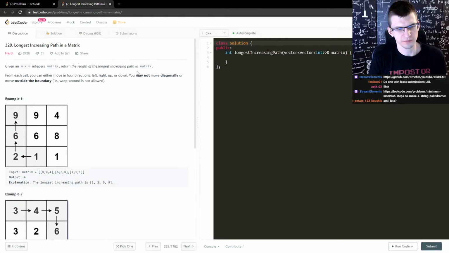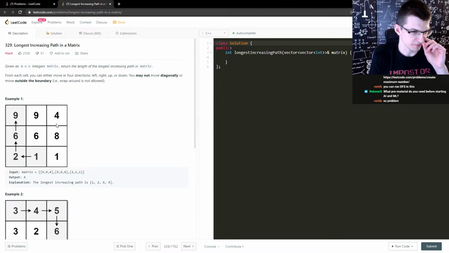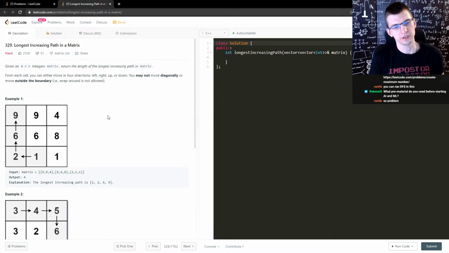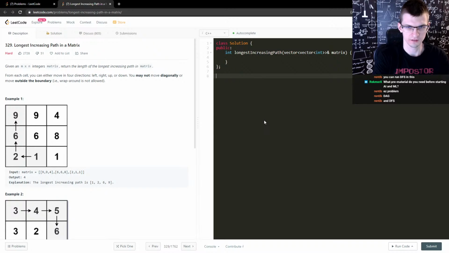Length of longest increasing path in matrix. Let's do this. You can run DFS here? I don't think so. To find the longest path in a directed graph, that's NP-hard. In an undirected graph, it's the same.